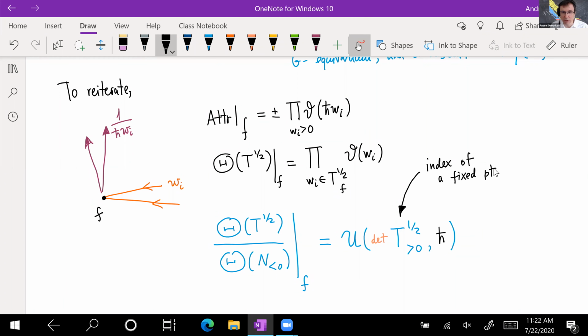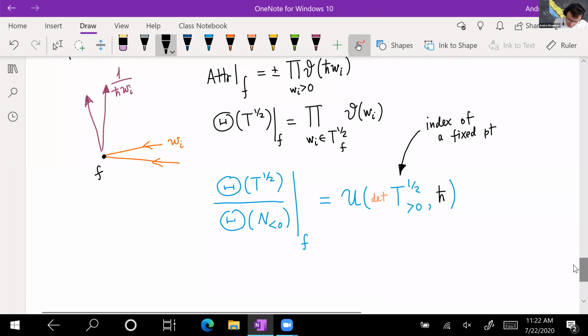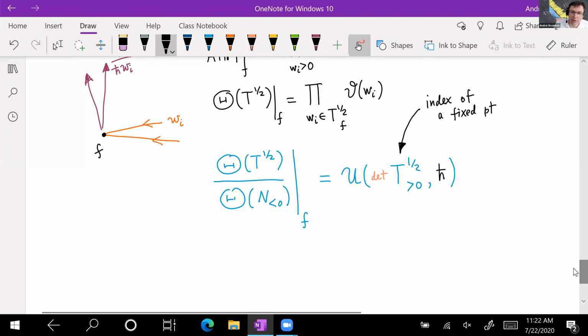And so a general formula which this computation shows is the shift between polarizations, near the fixed locus.